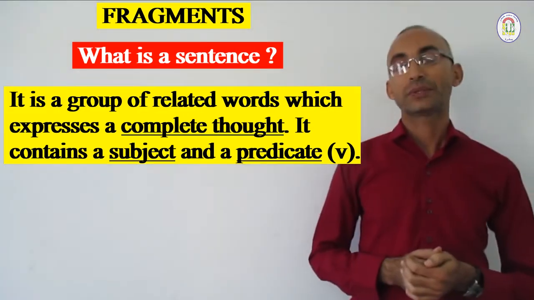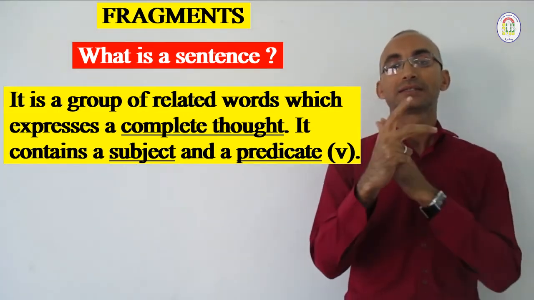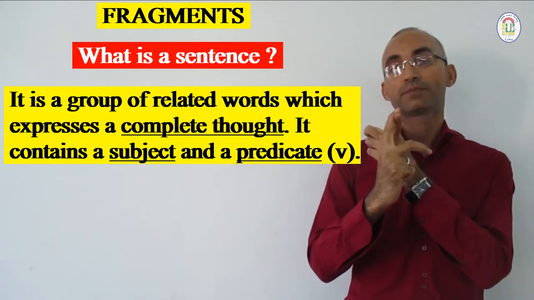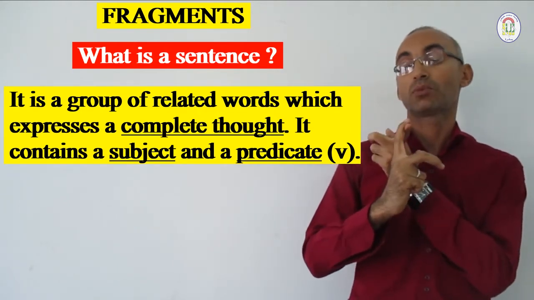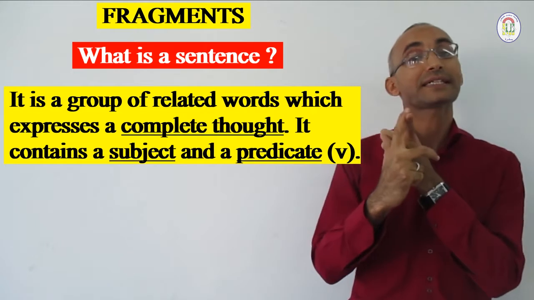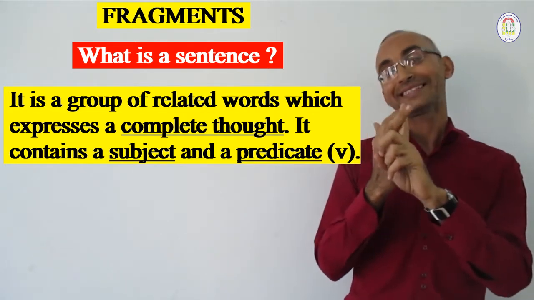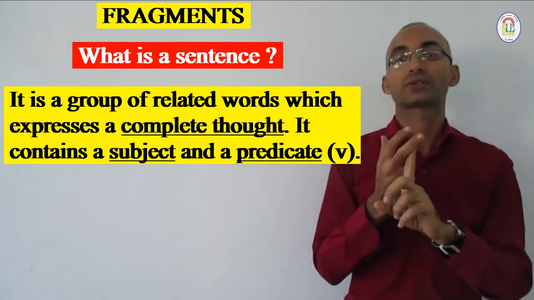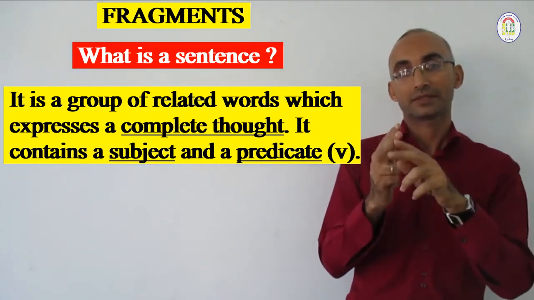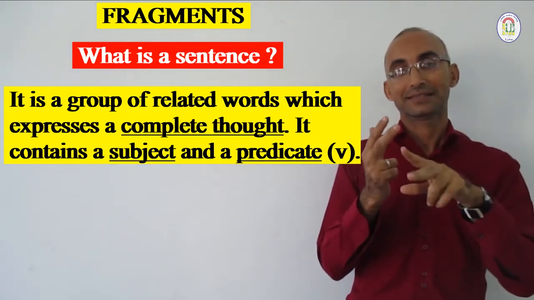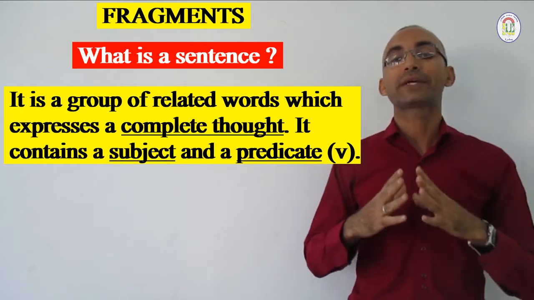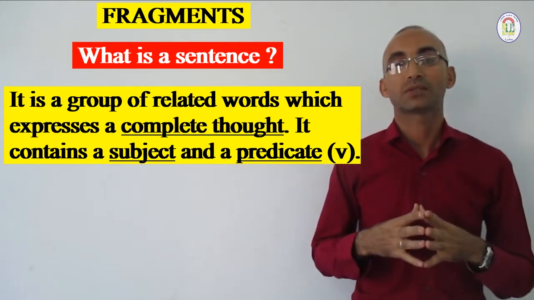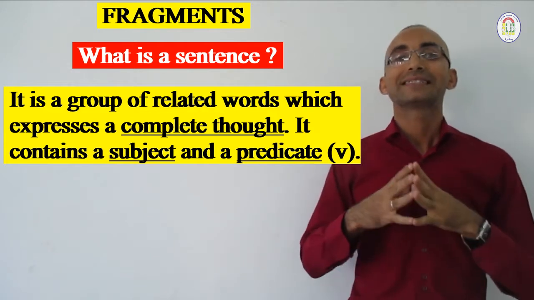So here I have three criteria: subject, predicate, verb, whether simple or more than one verb in the compound predicate, and also it must express a complete idea and thought. Now, if one of these criteria is missing, here we have what we call a fragment, or a fragmented sentence.